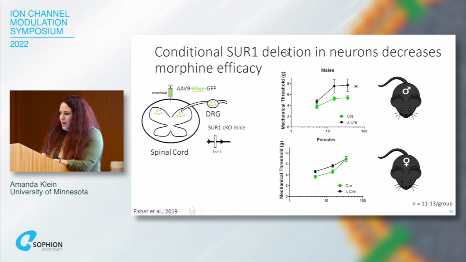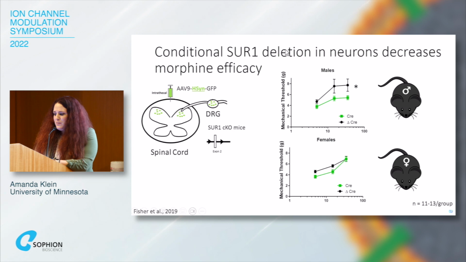Interestingly, we did see a sex difference in these animals, which we didn't see in the global knockout animals. Male animals have greater morphine-induced anti-nociception than females. The control animals, the delta Cre, are in black, and the conditional knockout animals with the active virus are in green.